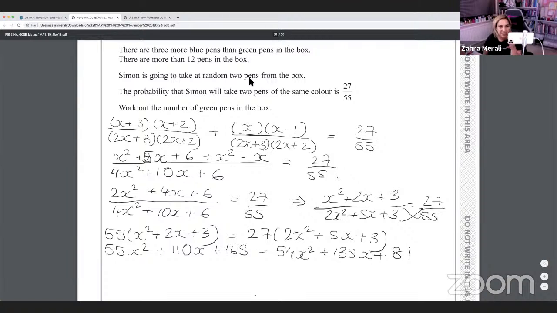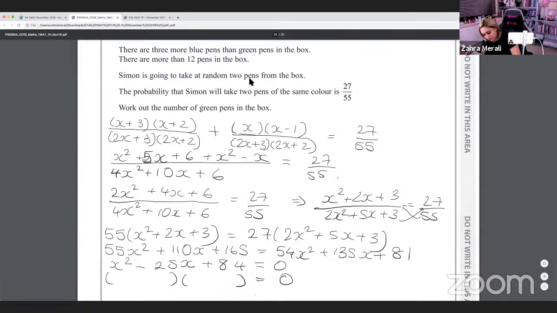If you're in an exam, you might go, have I done this wrong? There's such big numbers. But hopefully you now realize if you move everything to one side, you get x squared minus 25x plus 84 equals 0, and this factorizes.